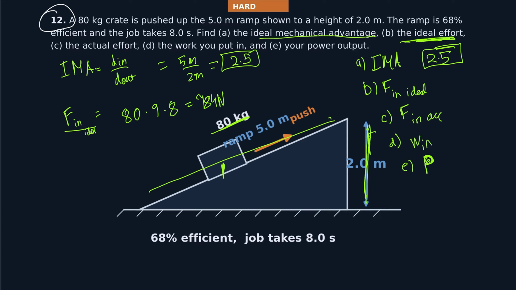And then what we're going to do here is we're going to know that force in has to be 2.5 times lesser than this force out, right? Because this is the force out. We're pushing this block. So 784 divided by 2.5 is 313.6 newtons.